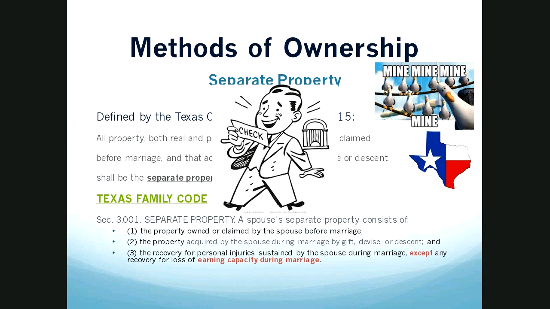Notice this exception, earning capacity, right? You think of your earning capacity, that means your paycheck. If you're married, just FYI, your paycheck is community property. Every dollar you earn is half of your spouse's, at least if you're in Texas. So always think about that when you think about marriage, the joys and sanctity of marriage.